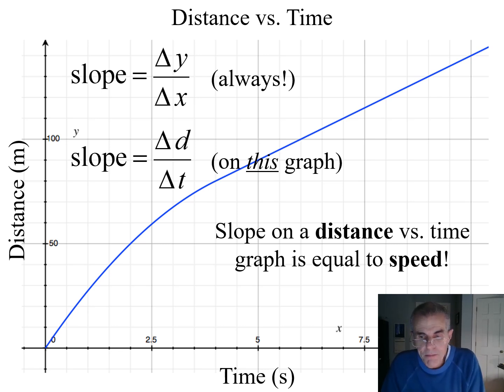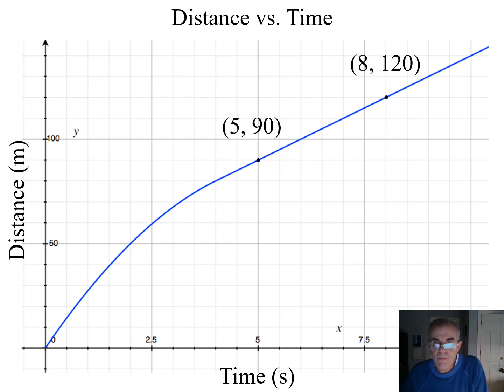So we're going to do some examples in the PowerPoint here. We'll show some examples of finding numerical values. So hopefully you remember how to find the slope between 2 points. So if I pick 2 points on the graph, at t equals 5 seconds, the distance traveled was 90 meters.